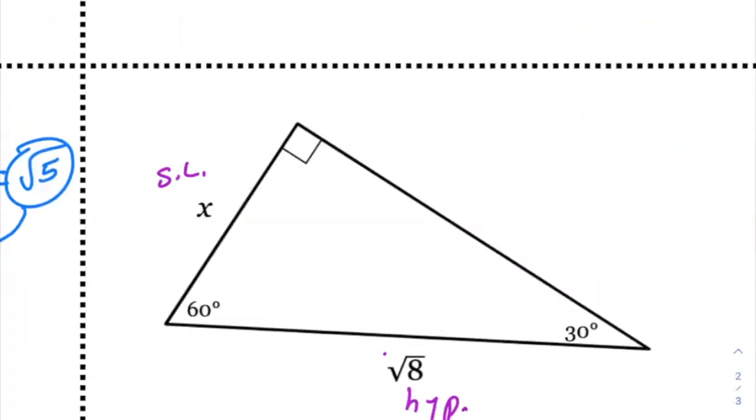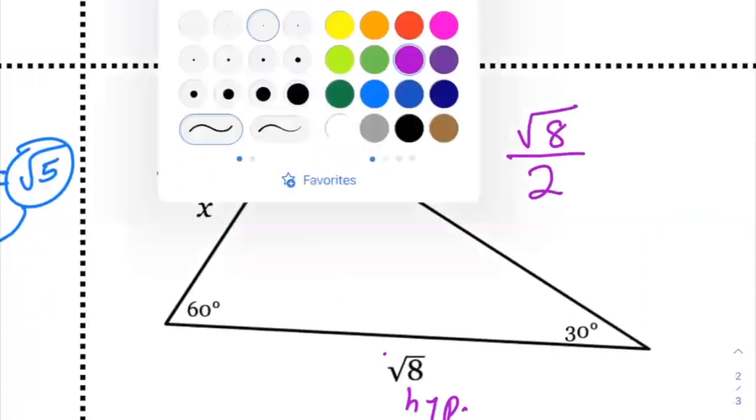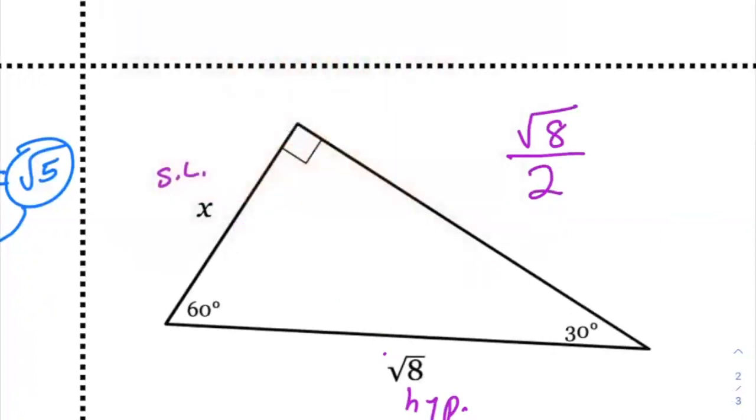So instead of multiplying by 2, we have to do the opposite. We're going to get smaller. So we're going to take the root of 8 and we're going to divide it by 2. Only problem is root 8, we can simplify it.